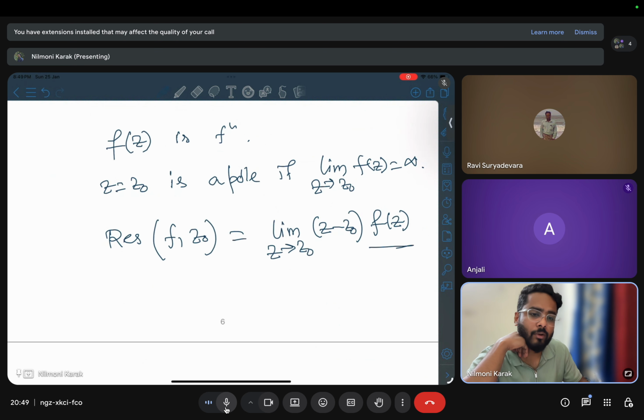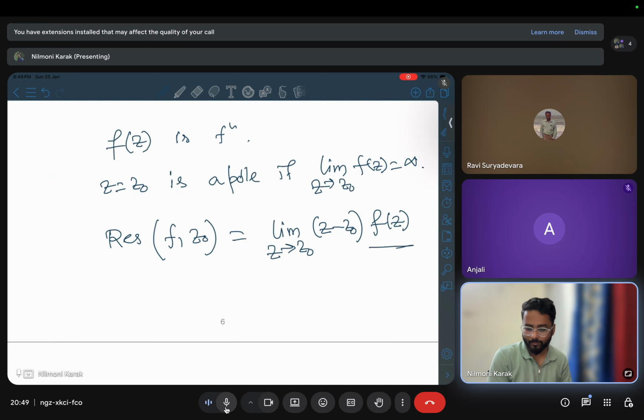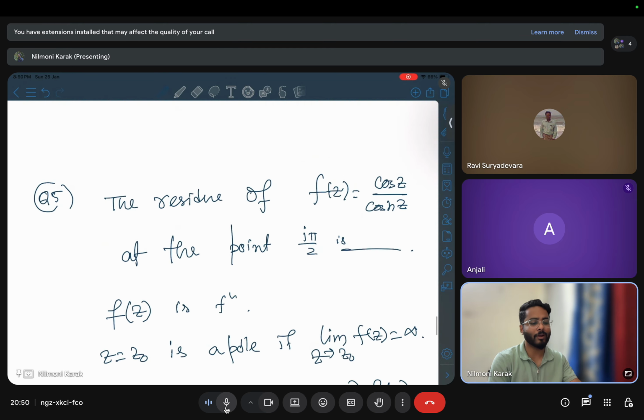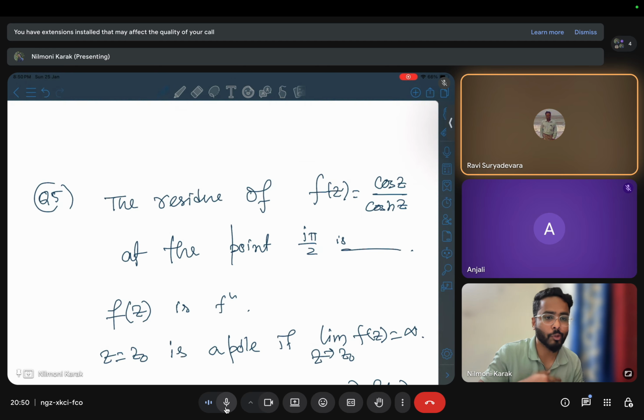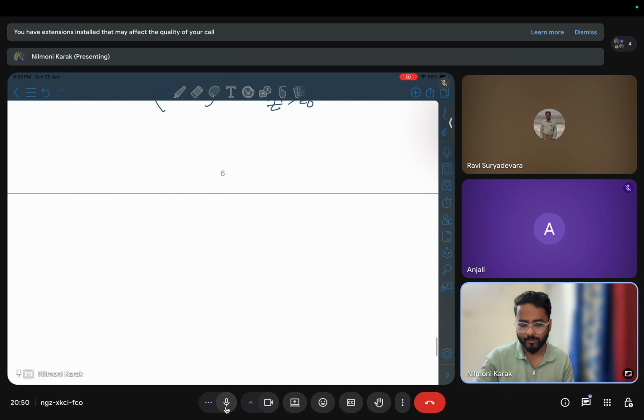This is the formula for residue, but here we will use some special properties to find it, because these are special functions, cos hyperbolic z and cos z. So you cannot find it easily.